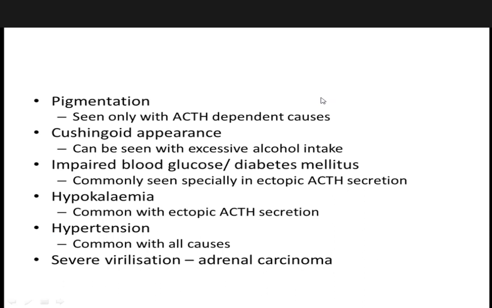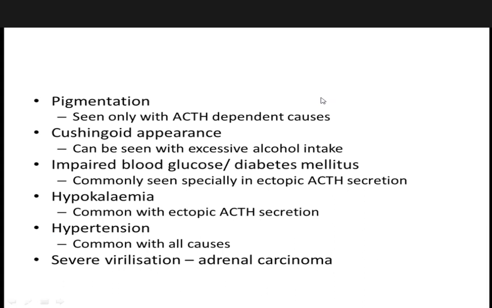And if the patient develops severe virilization, that will be due to an adrenal cause, most likely an adrenal carcinoma. So you should read about the difference between hirsutism and virilization. Hirsutism can be seen in patients with all causes leading to Cushing syndrome, but virilization is particularly seen in patients with adrenal carcinoma.